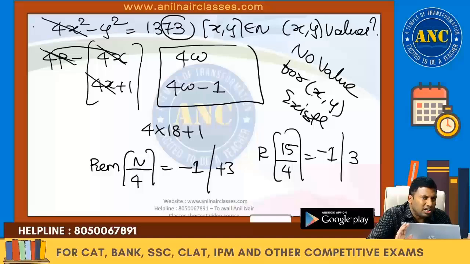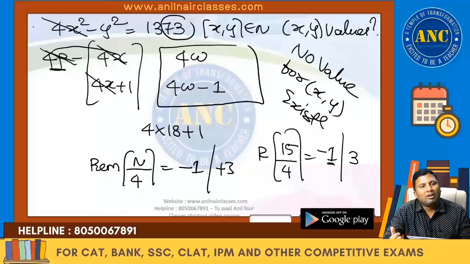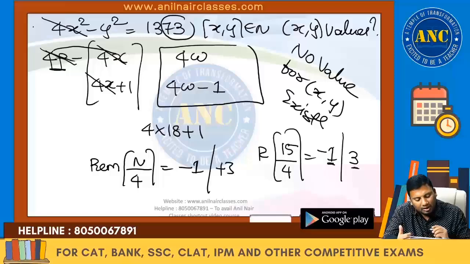In this question, nothing I did. There is no algebra here. There is a simple definition of perfect square I used. 4x square: any number multiplied by 4 is divisible by 4. Any perfect square is of the form 4x or 4x plus 1. 15 when divided by 4: 4 4s are 16, negative remainder minus 1, so positive remainder is 3.